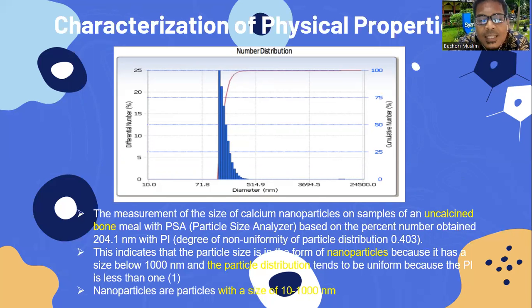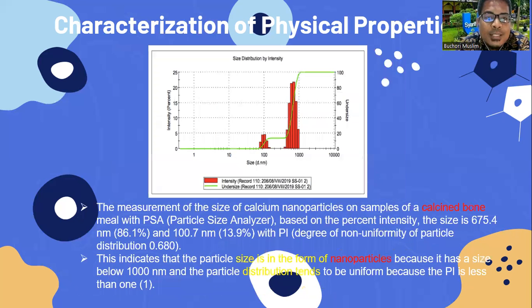This indicates that the particle size is in the form of nanoparticles because it has a size below 1000 nanometers, and the particle distribution tends to be uniform because the PDI is less than 1. Nanoparticle means a particle with a size of 10 until 1000 nanometers.